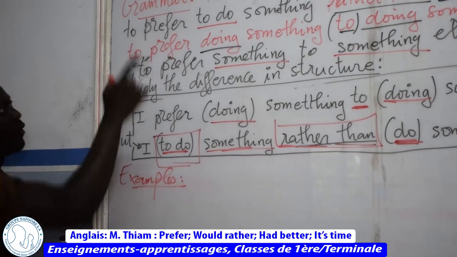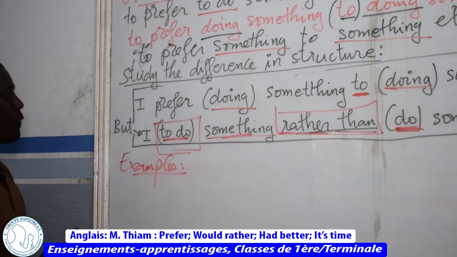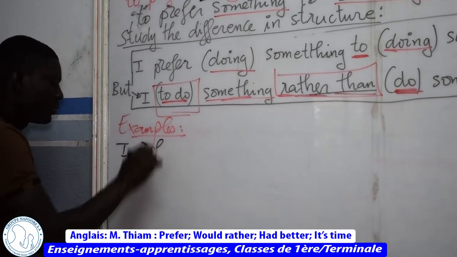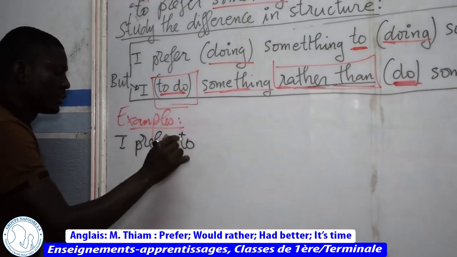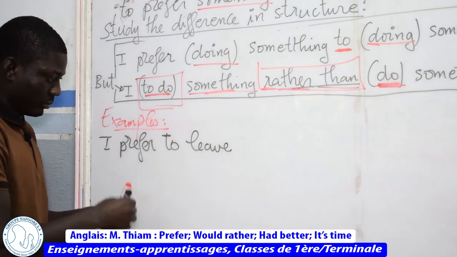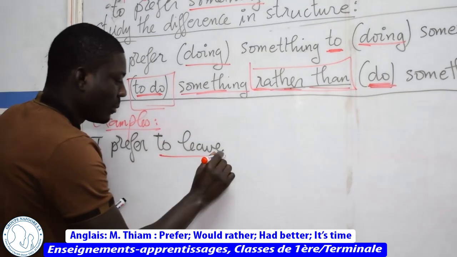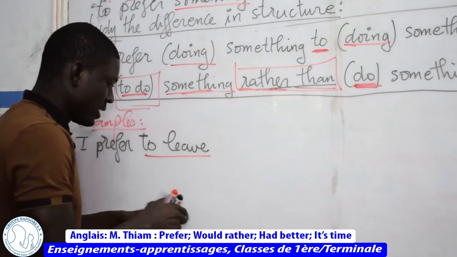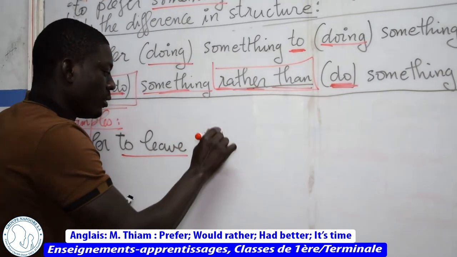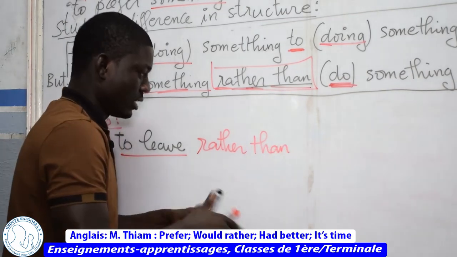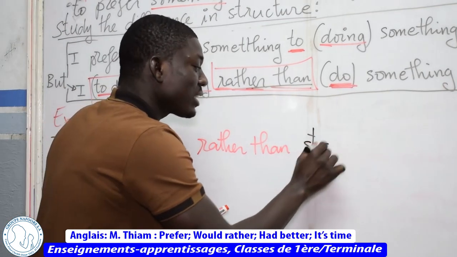Let's say, now, with the infinitive form first, you can say, I prefer to leave. This is the infinitive form, the verb to leave. I prefer to leave rather than, this time you'll have stay, but not to stay.